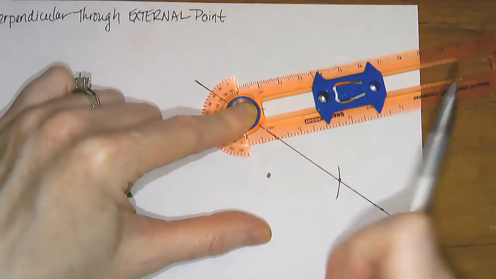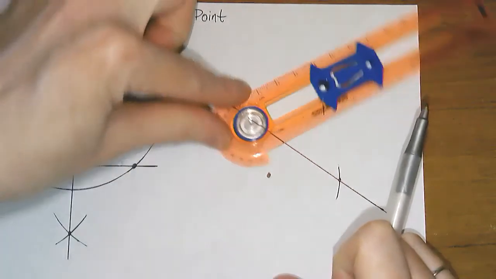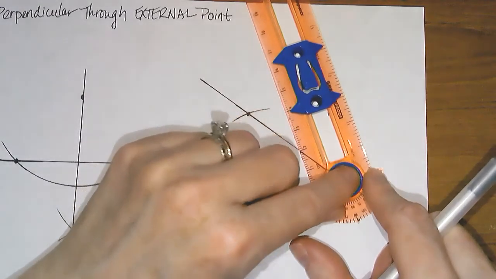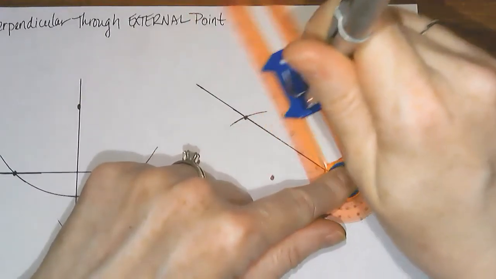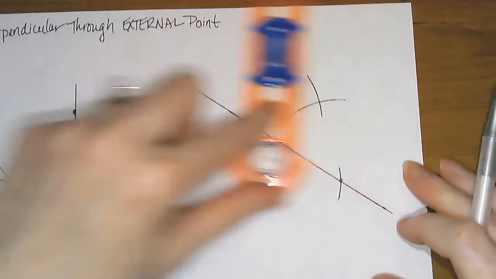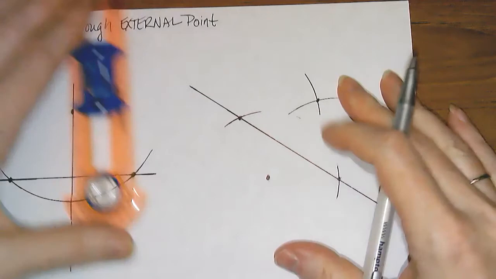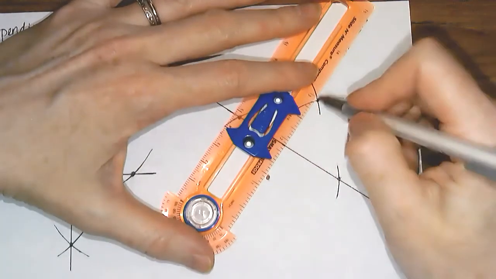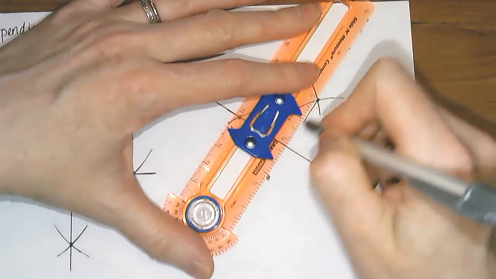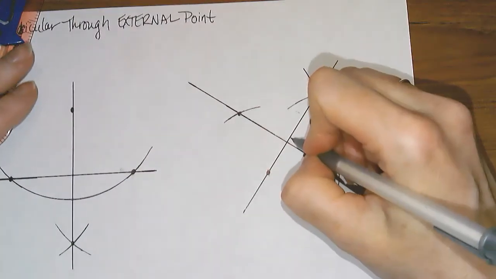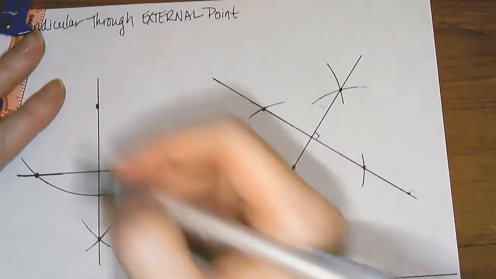I'm not going to in this case. Move or recenter your compass without changing the width. Center it over, hold it steady. X marks the spot. And so connect the point they wanted you to originally go through. Connect it with your new intersection that you found. And we are at perfect 90-degree angles on both of these.